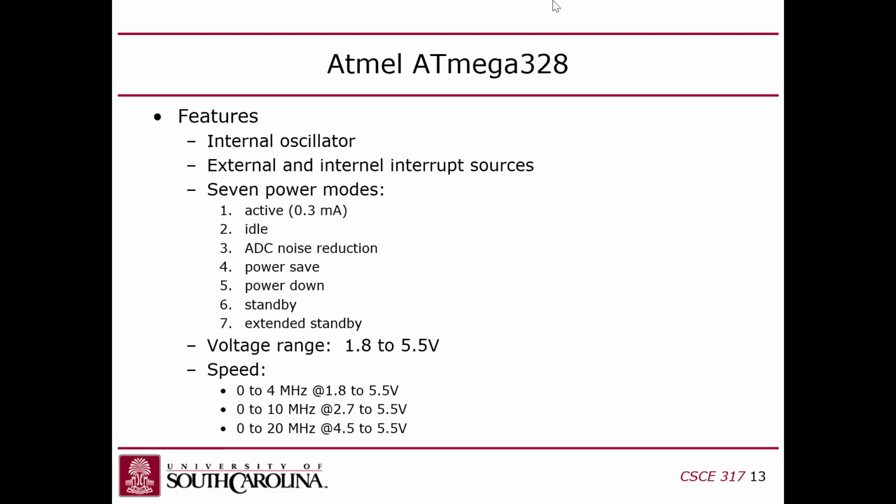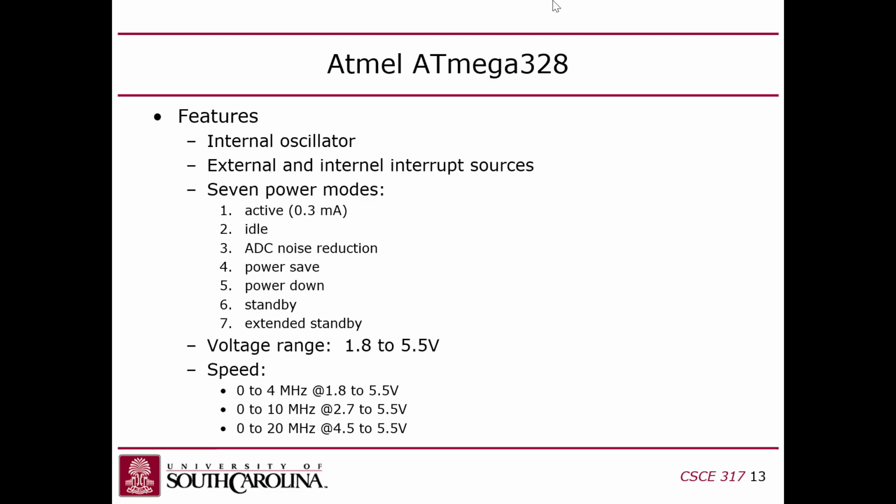We're actually running these at 16 megahertz. I'm not sure why we're doing that instead of 20, but the 328P that we're using only goes up to 20. It's a binning thing, so it depends on the chip. You can get a higher grade chip that you can run at a higher clock rate. So I think all of the 1284Ps run at 20 megahertz, and then some of the lower end chips will only run at 4.